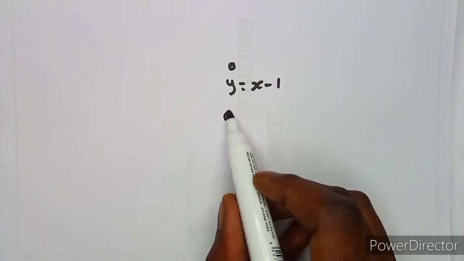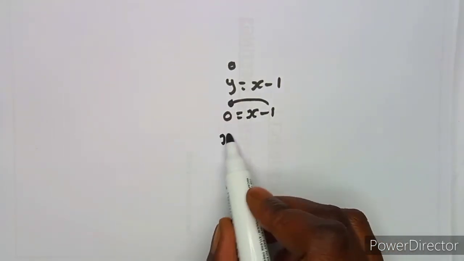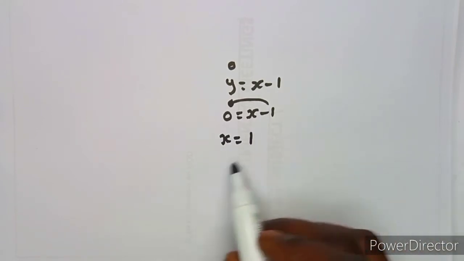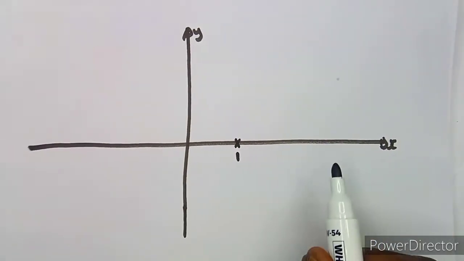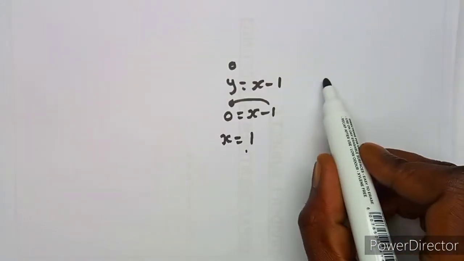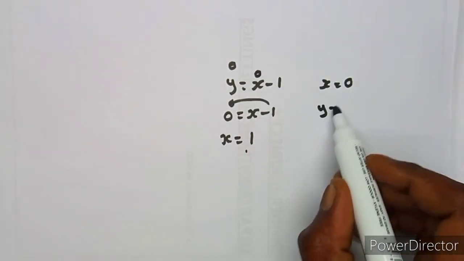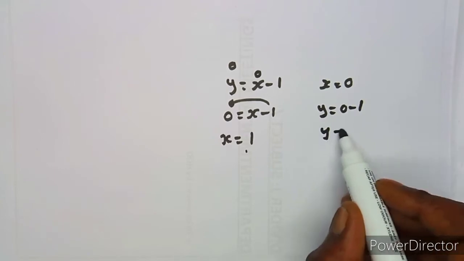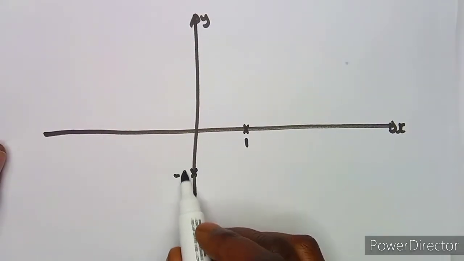Okay, so we're going to have 0 is equal to x minus 1, so x is equal to 1. Which means it's going to pass through the point 1 on the x-axis, and on the y-axis we know that x is equal to 0. So when x is equal to 0, y is equal to 0 minus 1, y is equal to minus 1. So which means our y-intercept is at minus 1.